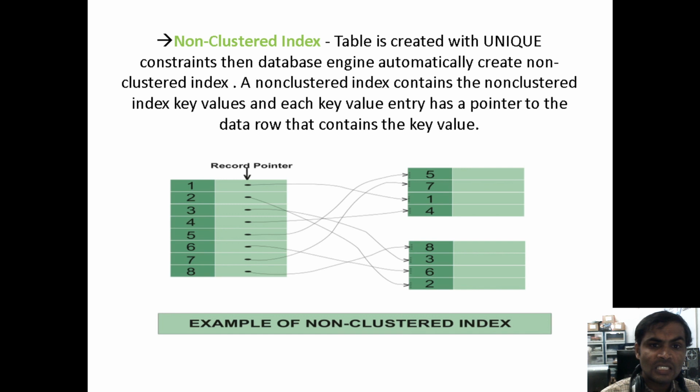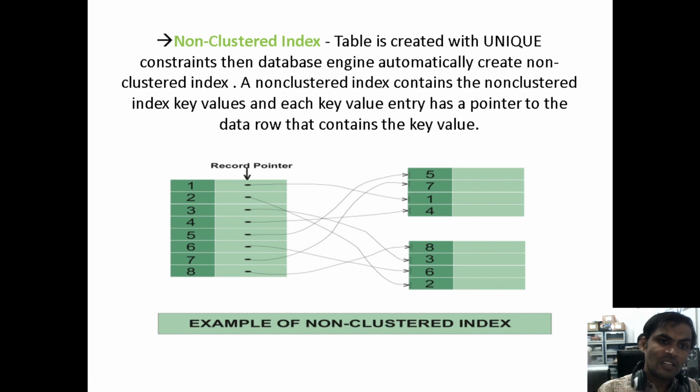Under the unique constraint, we can insert duplicate values. That is why we group them together as non-cluster indices. When a table is created with a unique constraint, the database engine automatically creates the non-cluster index. We are not creating the non-cluster index or cluster index ourselves.